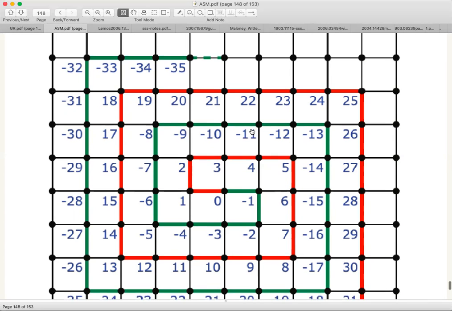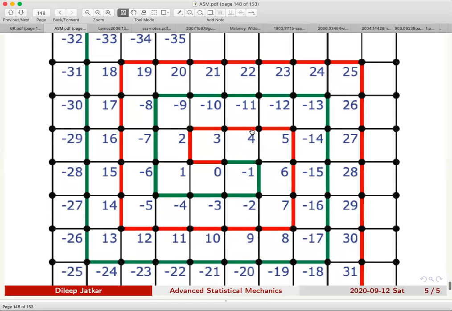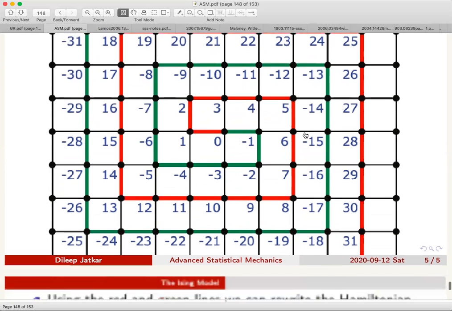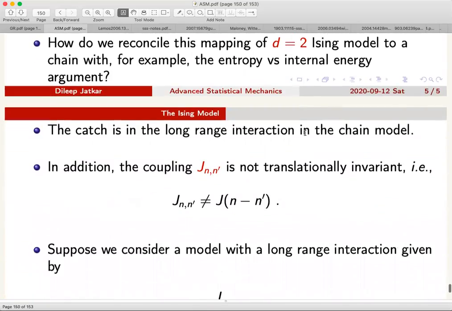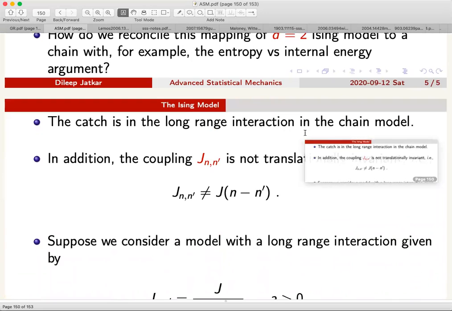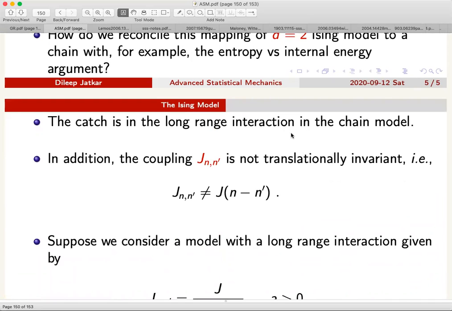Today's class was just to give a counter to that. If you have long range interactions, this is a total mess, because this is a long range interaction not even falling off with distance. But even if you take something falling off with distance, you can actually put constraints on which models could undergo phase transition, and the other class of models cannot even have a phase transition.